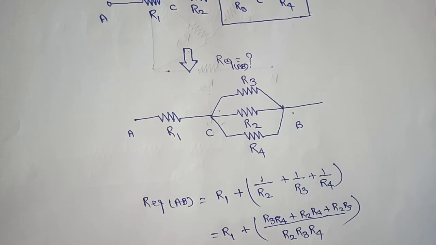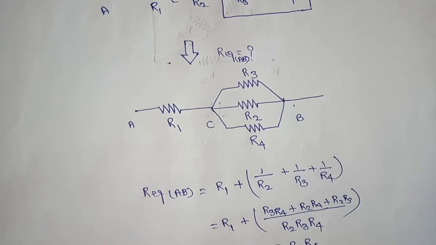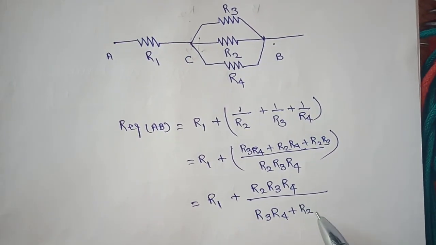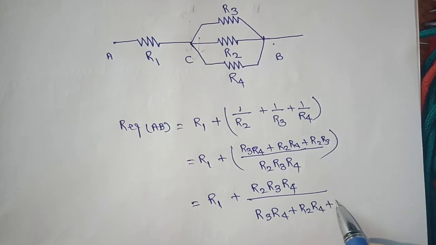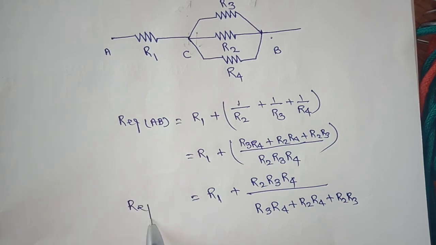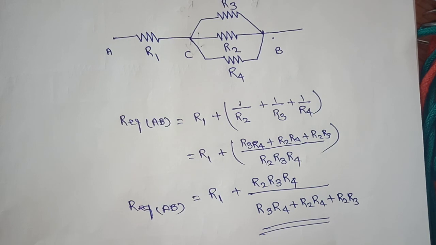So R2 R3 R4 divided by R3 R4 plus R2 R4 plus R2 R3. So we got the total equivalent resistance R equivalent is equal to this one. So this is one of the ways to solve the equivalent resistance of a complex circuit.